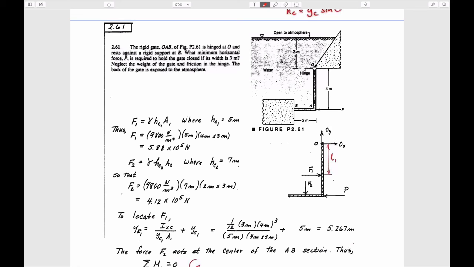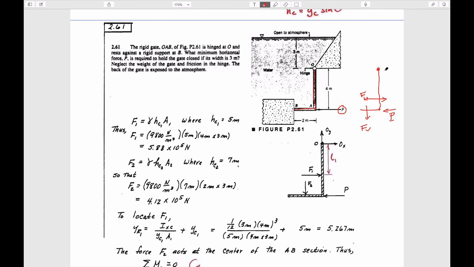So you have an example here. You have a gate which looks like this. You want to calculate what magnitude force you have to apply here to keep it closed. You can draw a free body of that gate, which would have a horizontal force acting horizontally, a vertical force acting vertically, and a force, uppercase P, acting horizontally, and it has a rotation around this.